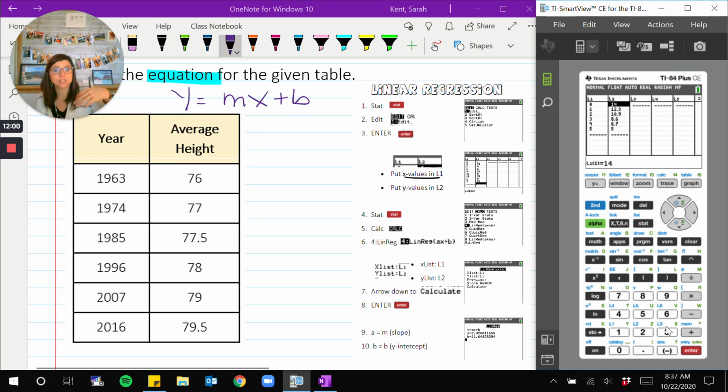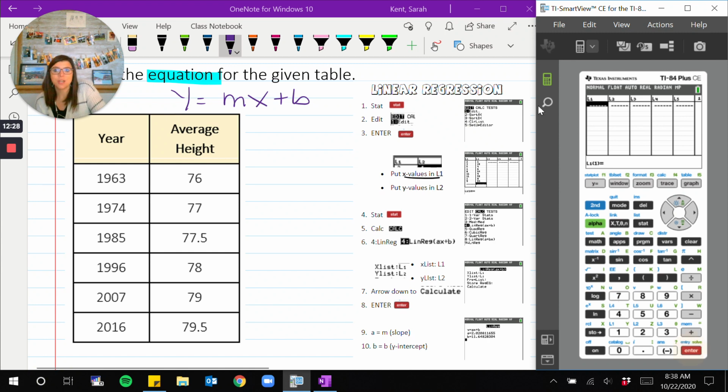To get rid of the numbers, I'm going to arrow up to where it says L2, and then I'll press clear, enter, and all the numbers go away. So I can go over to L1, up to where it says L1, press clear, enter, and I'm good to start.